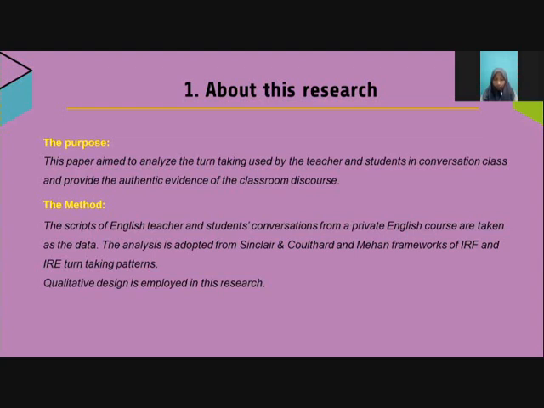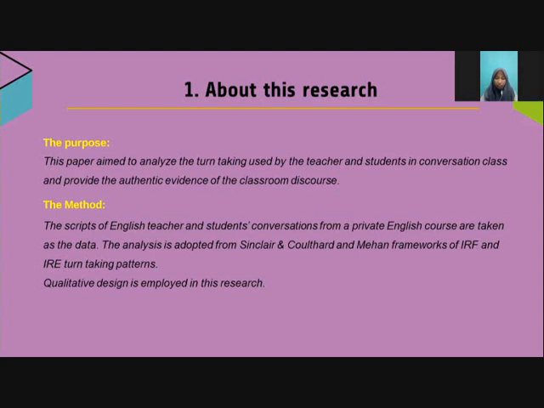The analysis is adapted from Sinclair and Coulthard and also M.Hum frameworks of IRF and IRE in turn-taking patterns. Both IRF and IRE will be discussed in the next sections of this presentation.